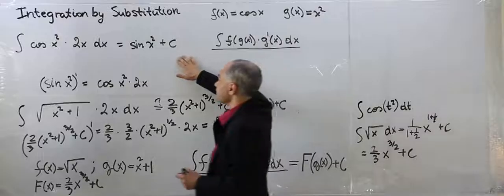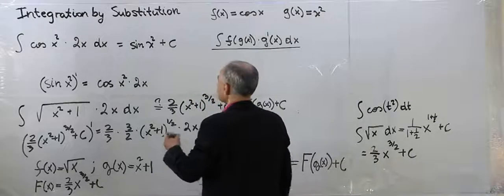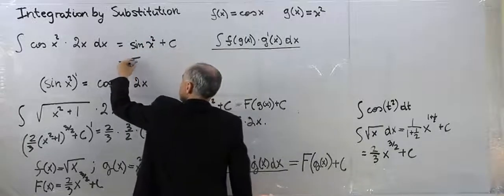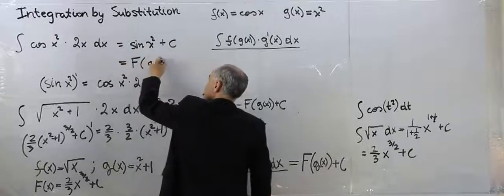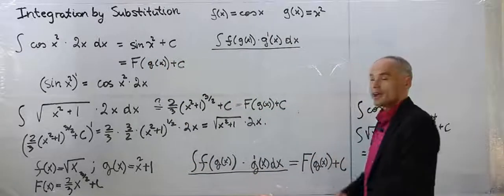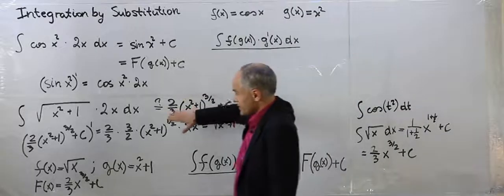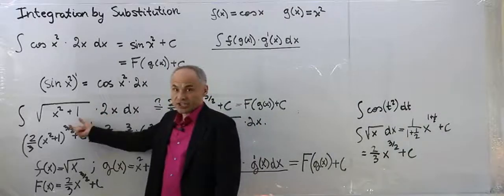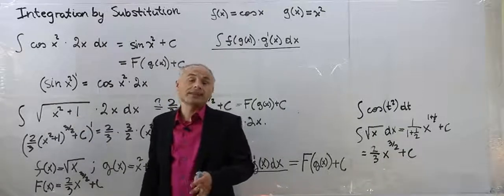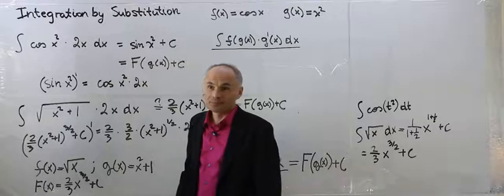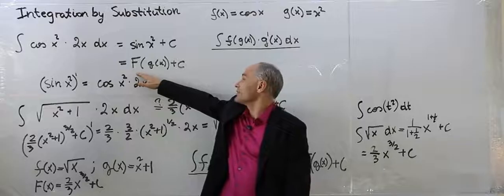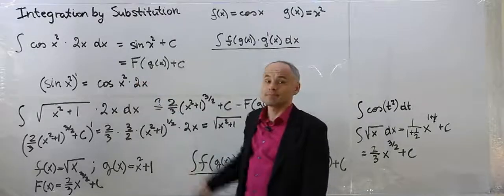And in our first example, sine x squared is equal to capital F of g of x plus c. So the pattern that we have here is to identify f and g in the integrand, and then find an antiderivative of f, and then the answer will be capital F, which is the antiderivative of lowercase f, of g of x plus c.